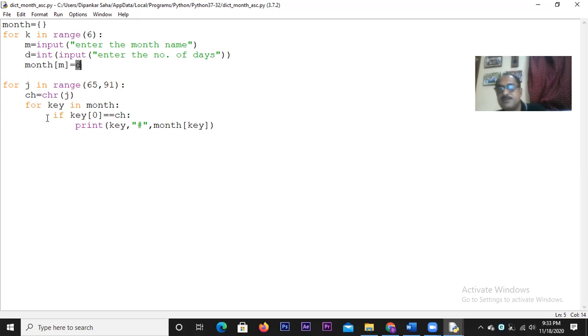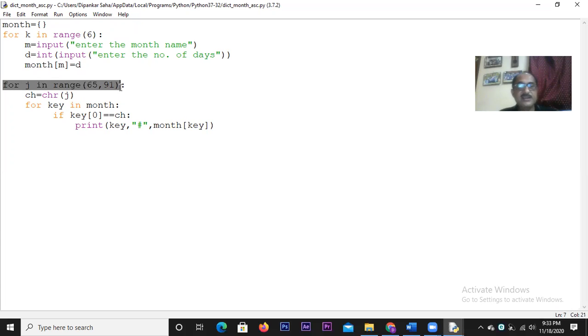Now the next part of the question was to print all the month names and the respective maximum number of days present in the month in such a way that the month names are in ascending, alphabetical order. So for alphabetical order, there are a number of ways of doing it.